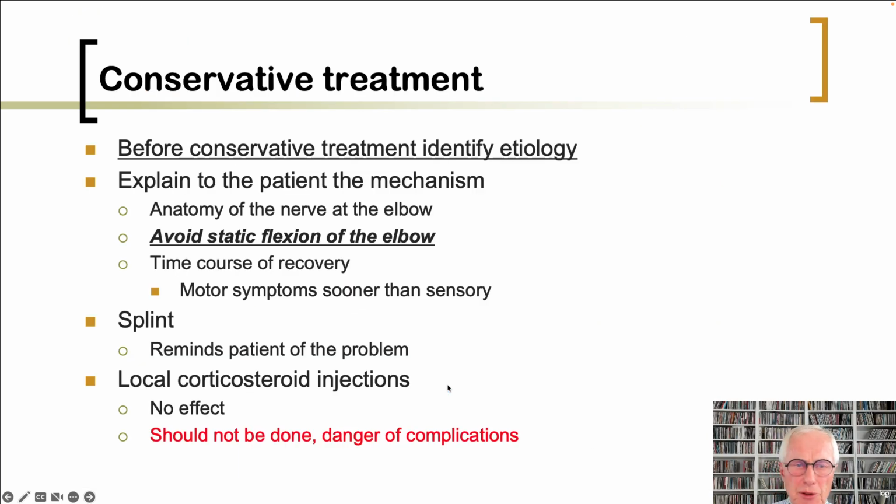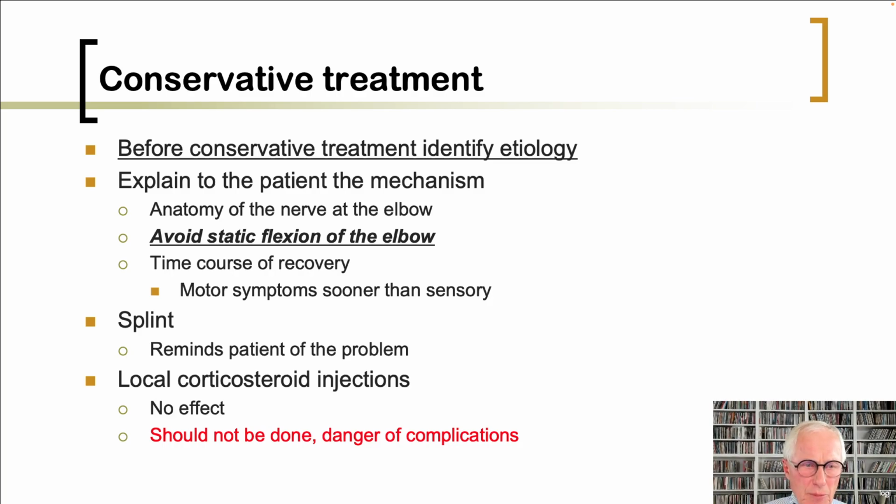So if we look at conservative treatment, I think it's very important that we identify the etiology before we start our conservative management. If we identify the reason, we explain it to the patient and we help the patient to avoid the static flexion of the elbow. The patient will also need an idea of the time course of the recovery.